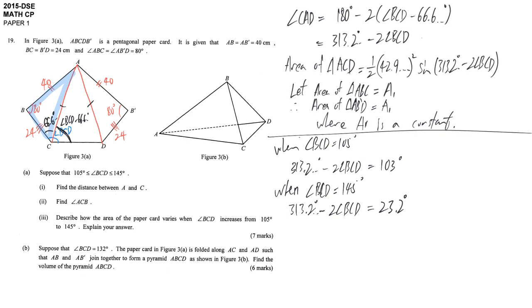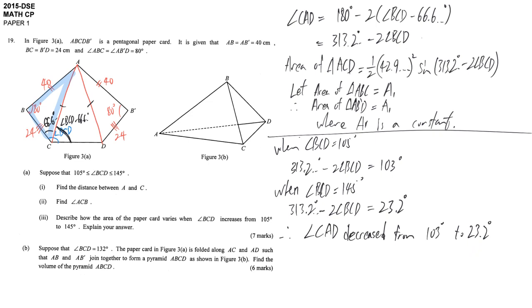Now, that means our target angle will decrease from 103 degrees to 23.2 degrees. So angle CAD decreased from 103 to 23.2 degrees.